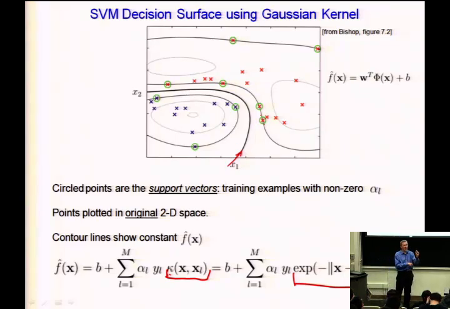Try to pick it so that it assigns high dot product values to two points that you think are likely to have similar values. Other than that, I don't really have an intuition to give.